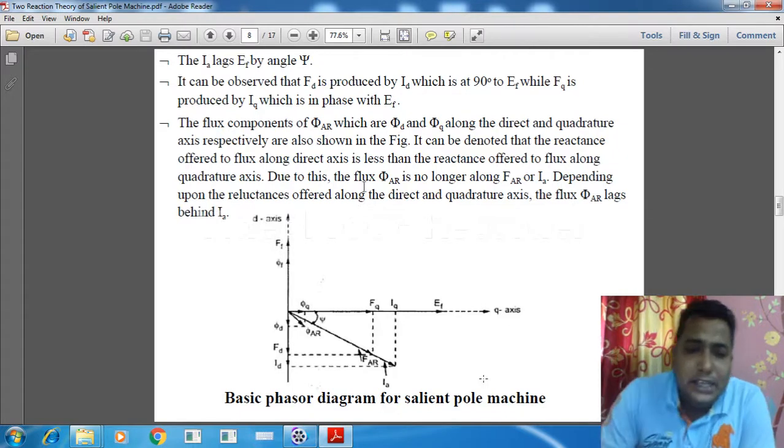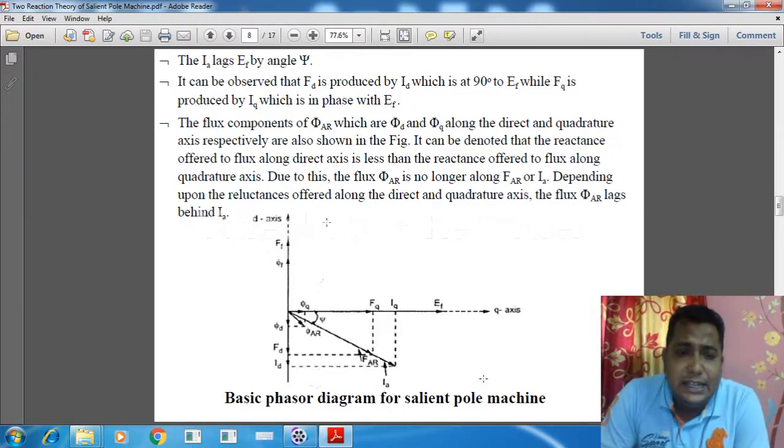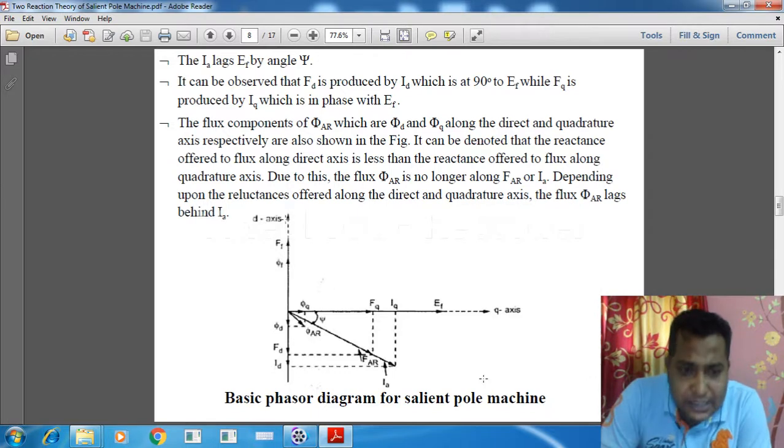So what we can see over here, first see what is there in this particular diagram. In this axis we have phi Q, this is the quadrature axis and this is the direct axis.